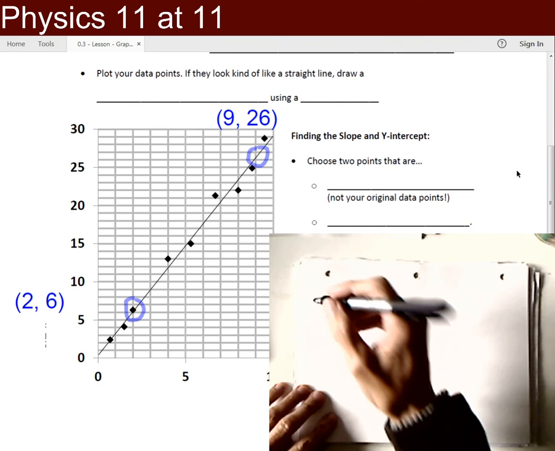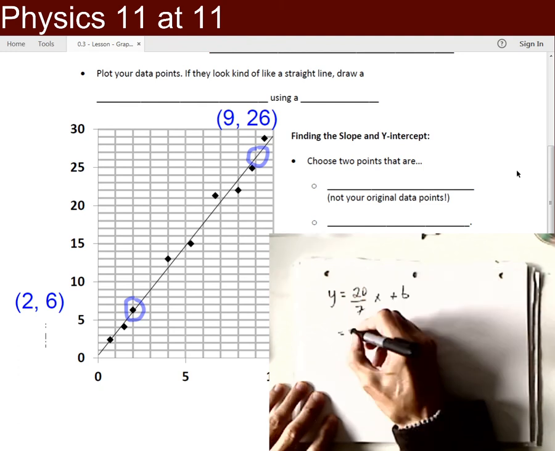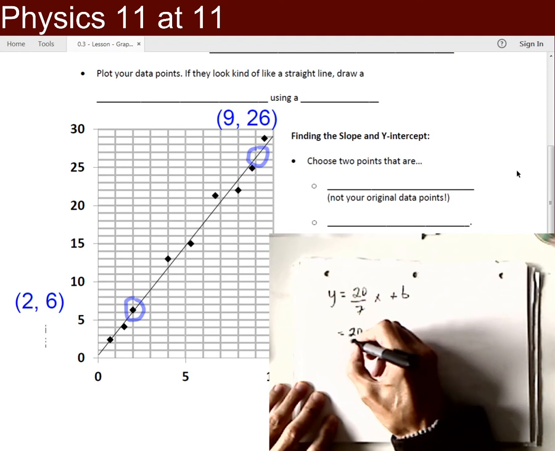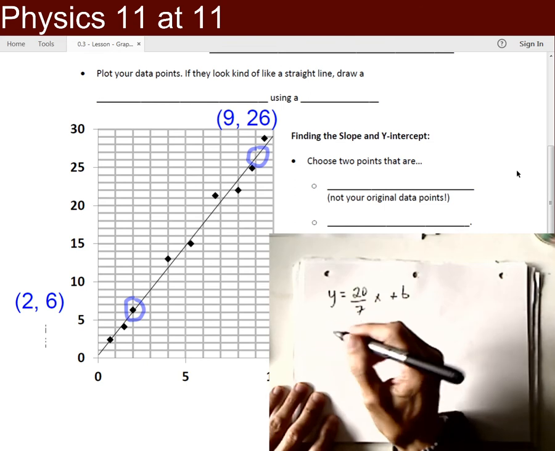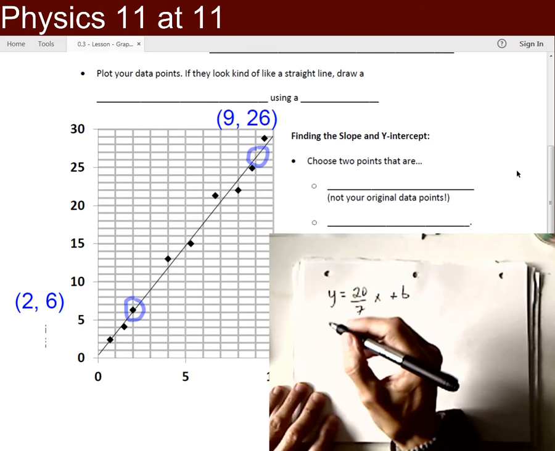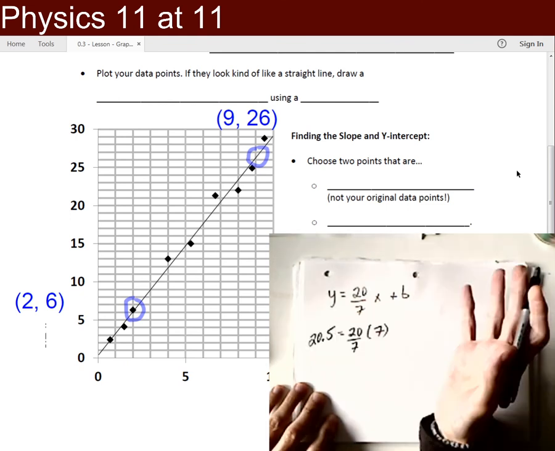So the line which you have in front of you, I'm just doing it again: 20 over 7 times x plus b. That's the slope. Brackets just to show it's being substituted. And then no brackets, just because there's a number on its own there.